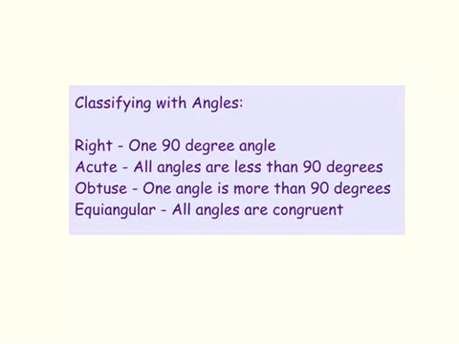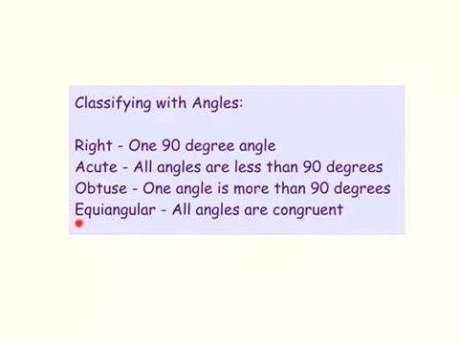So you have an obtuse triangle if you have one obtuse angle. And it's actually impossible to have two right angles in a triangle, and it's impossible to have two obtuse angles in a triangle. It is required that to be an acute triangle, all of the angles must be less than 90 degrees. And thinking back to equilateral, we said if it's equilateral, it had all the angles that were congruent, and therefore we give that a name.